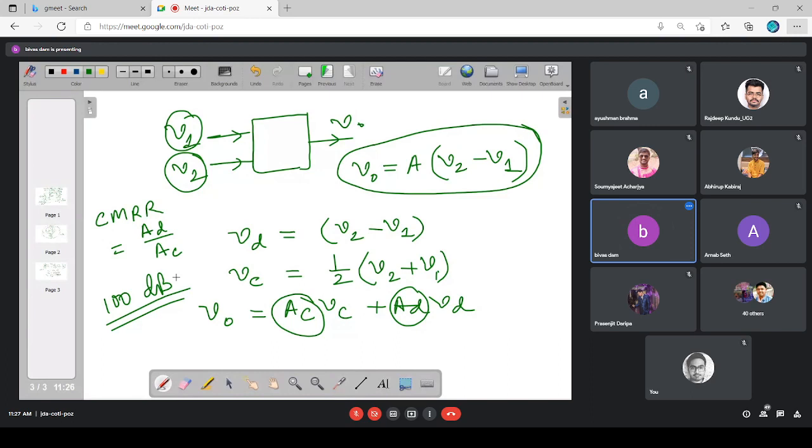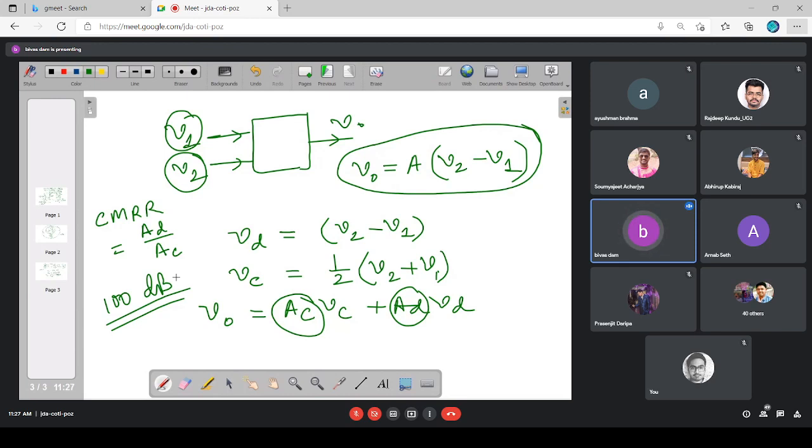Anyway, in any difference amplifier, we should try to ensure that the common mode part is not available at the output and only the difference mode part is available. An infinitely large CMRR ensures that the output of a difference amplifier has only the difference part of the input and not any common part of the input.